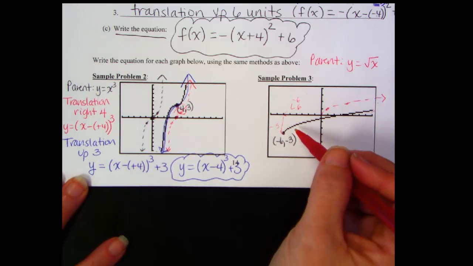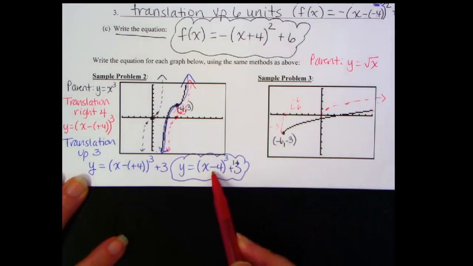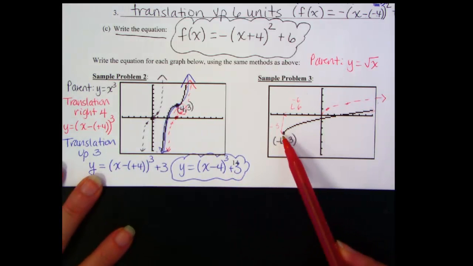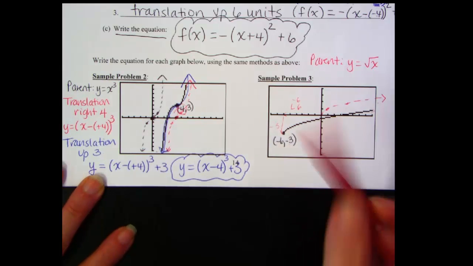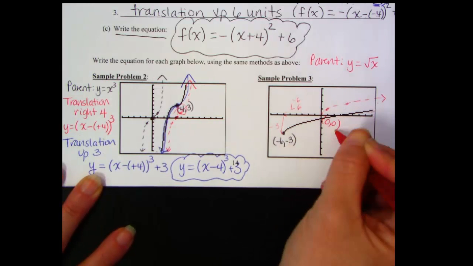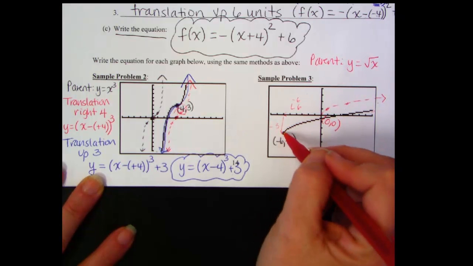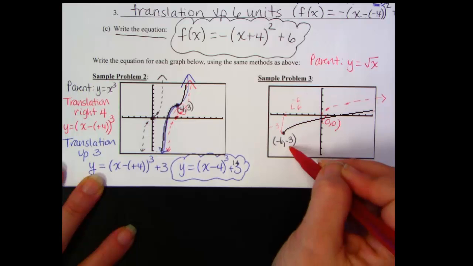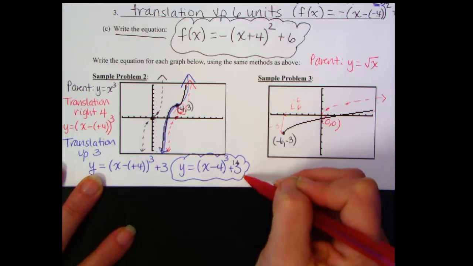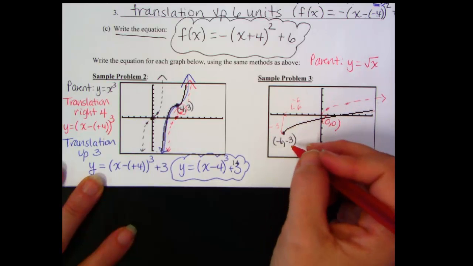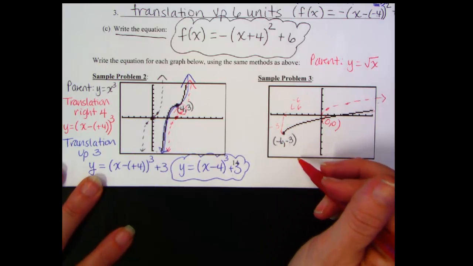And lots of us are seeing that these numbers are always showing up in our equation in vertex form, and that's one of the major connections I want to make, is that as soon as you start to see that anchor point and how it's moved from its original 0, 0 to its resting spot, those numbers in the final anchor point are within your equation. So some of us will get to the point where we can do this in one step, and I'm going to show you that with sample 3.